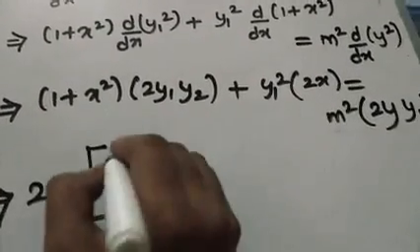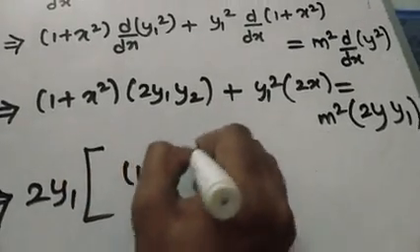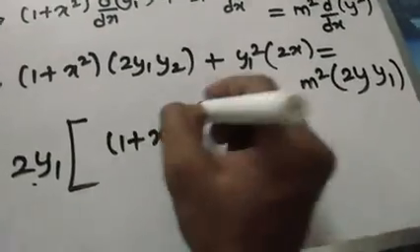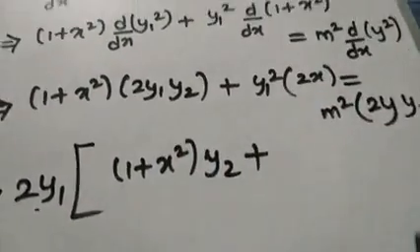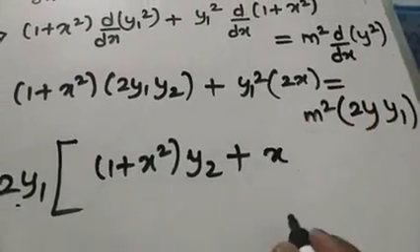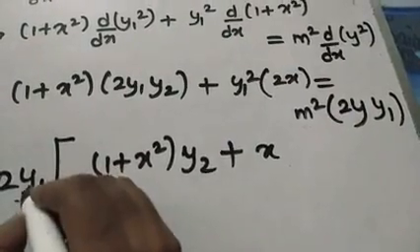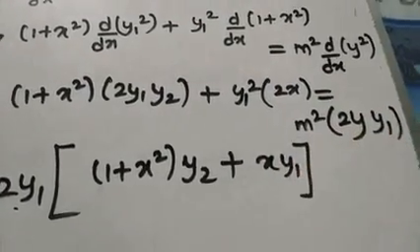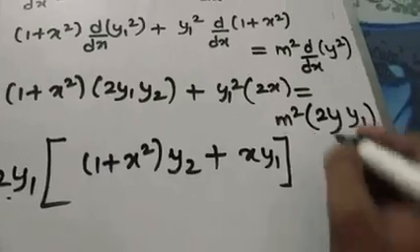So the first term we get, 1 plus x square, which is in the bracket, 2y1 we have taken common, so only y2 remains, plus from here 2 we have taken common, so from the bracket only x remains, and y1 we have taken common from y1 square, so only y1 remains. Clear?